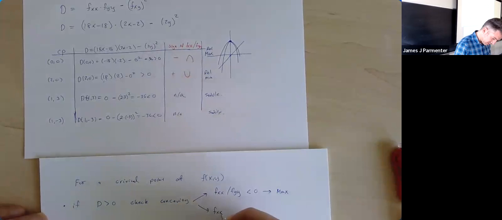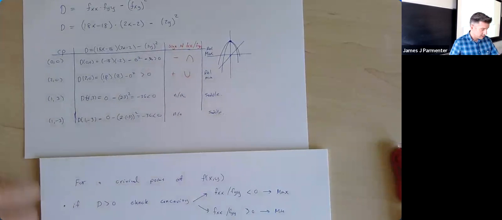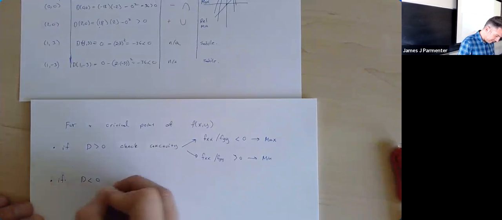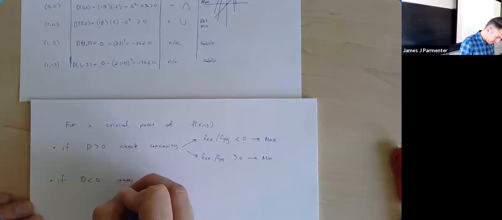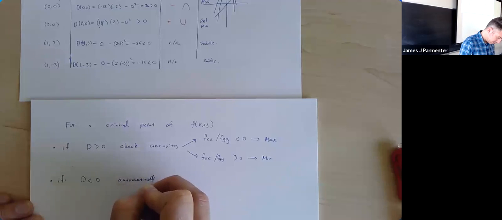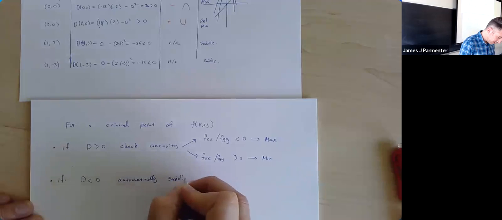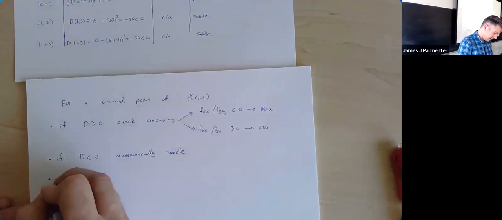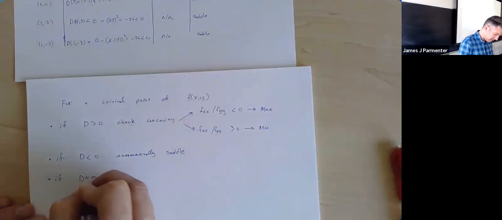If fxx or fyy is positive, then we're concave up and we have a min. On the other hand, if d is negative, then we have a saddle. And finally, the saddest situation ever, if d is 0, the test is inconclusive.